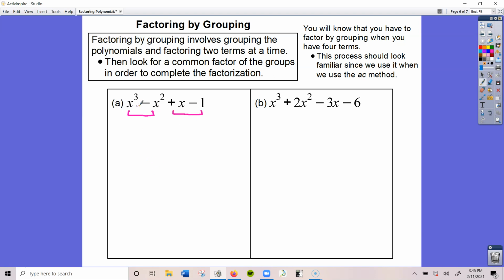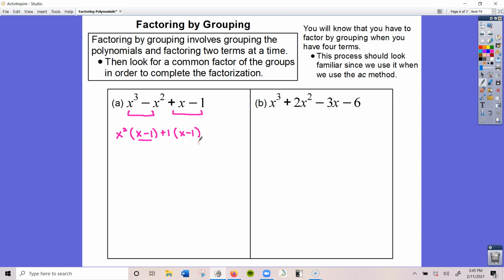You look for the greatest common factor of both of those terms. X cubed minus x squared both have an x squared in common, leaving me with x minus 1. Since x minus 1 have nothing in common, that would just be plus 1. Remember, if there's nothing in common, just write a plus 1. And then we have the x minus 1.